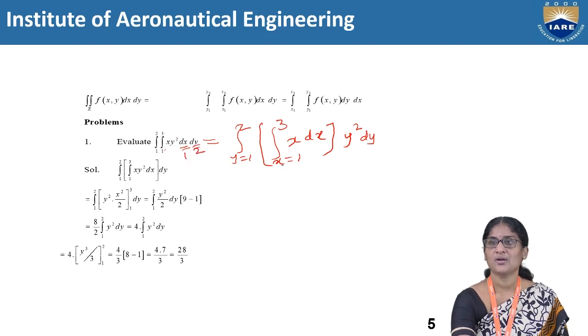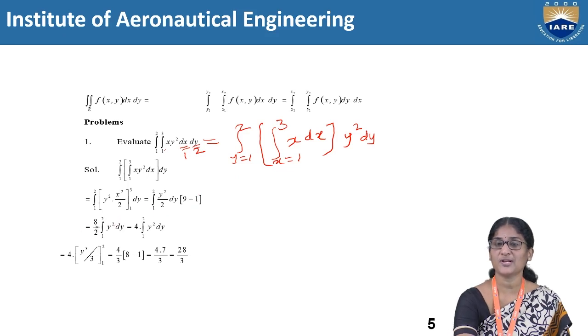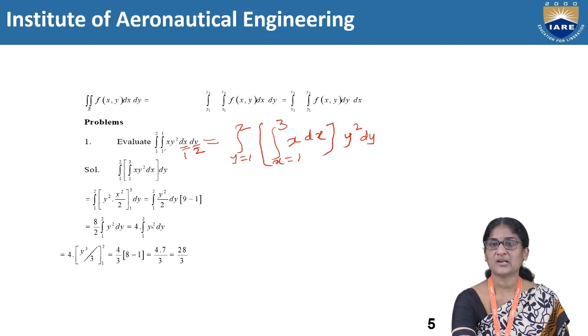The integral of x is x square by 2. Apply the limits for x square by 2: 9 minus 1 by 2, which is nothing but 8 by 2. You put it outside. Now everything is converted in terms of y. So the integral of 1 to 2 of y square dy. What is the integral of y square? Y cube by 3, from 1 to 2.